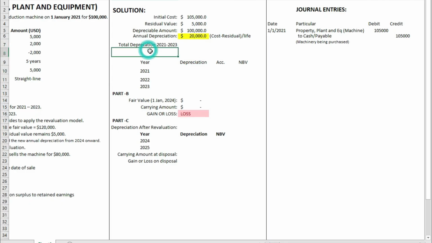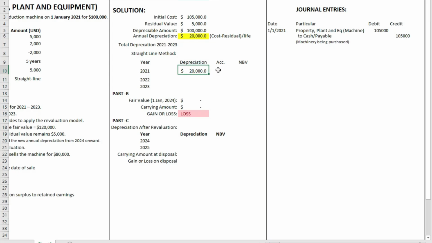I can write there the straight line method. So what was our depreciation? It was 20,000.